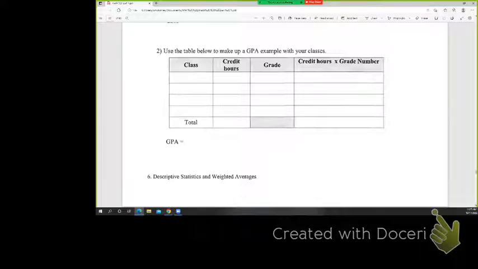Okay, so I'm going to make up some classes here. So let's say you have English 4, and it's 2 credit hours as far as the high school credits. And you have Math 123, and it's 2 credit hours, which is always confusing compared to 2 credits.